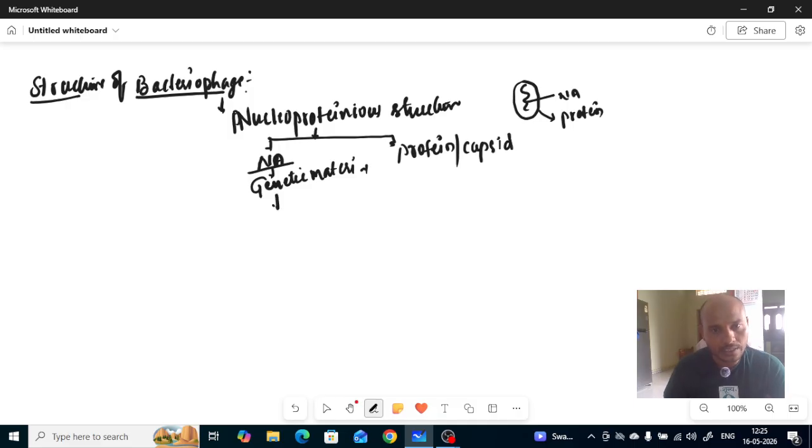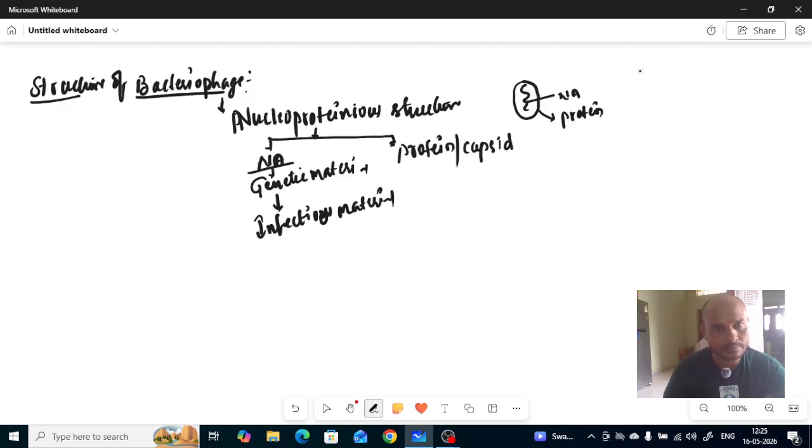Here the nucleic acid or genetic material is the only material which is infectious.